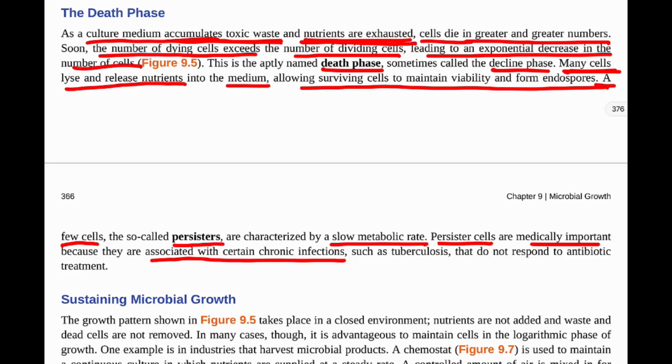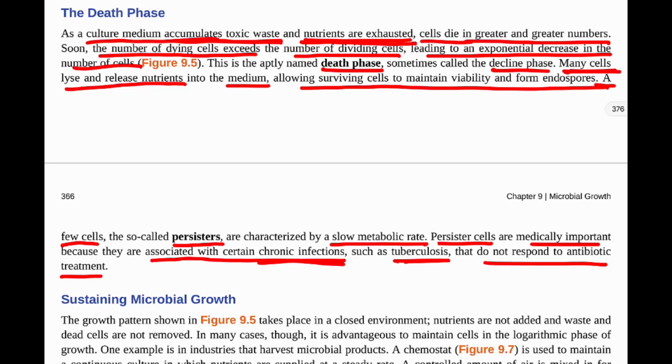And when they persist, then we get these chronic infections in humans like tuberculosis. And then these don't respond to antibiotic treatment because they're hanging out, but they're not metabolic at that point. They're not making the proteins. They're not going through the process of bringing in nutrients. They're just kind of trying to hang in there until, again, the nutrients are good, and then they can go through their binary fission.